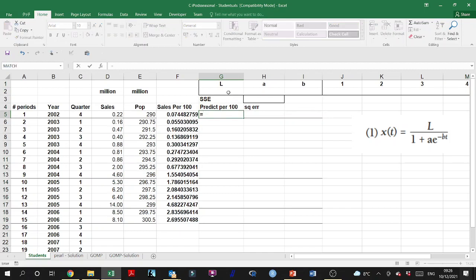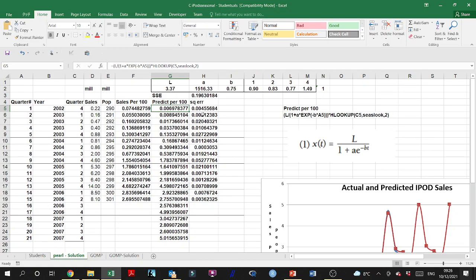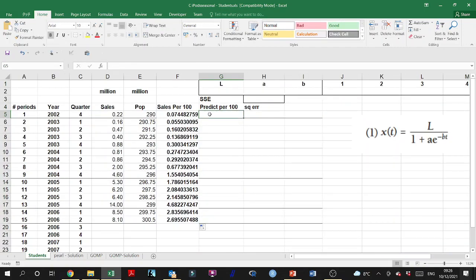If this is going to be L, yeah, this is L. I think I have the names here. I can't name it over here because of the solution. So we have L over 1 plus exponent of minus B. Oh, where's A?